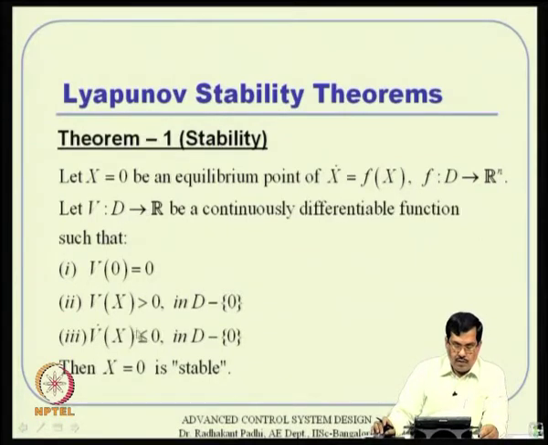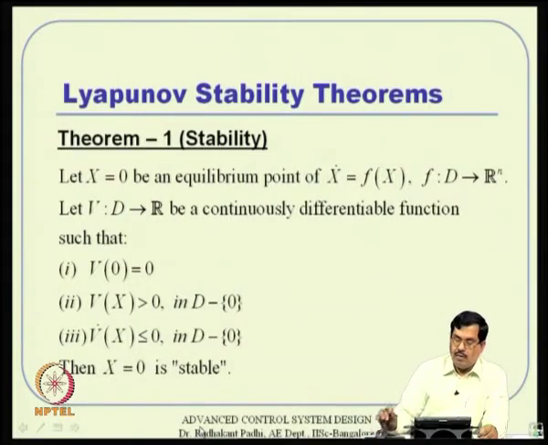So, V of x is a scalar function defined in the same domain D, and a positive definite function, and with respect to that selection, the third condition has to be satisfied. In other words, V dot of x has to be less than or equal to 0 in D minus 0, the same domain. V of x is positive definite, whereas V dot of x has to be negative semi definite, then x equal to 0 is stable.